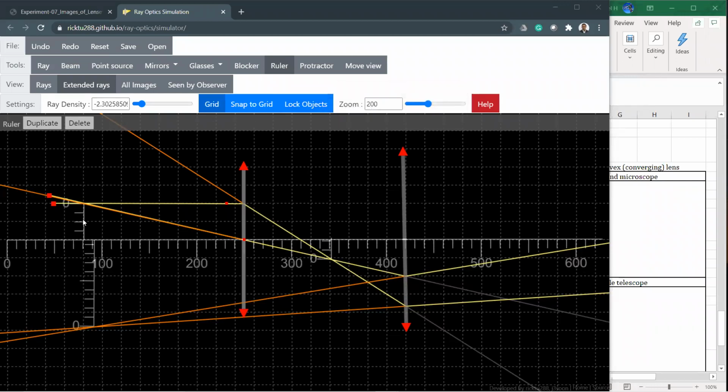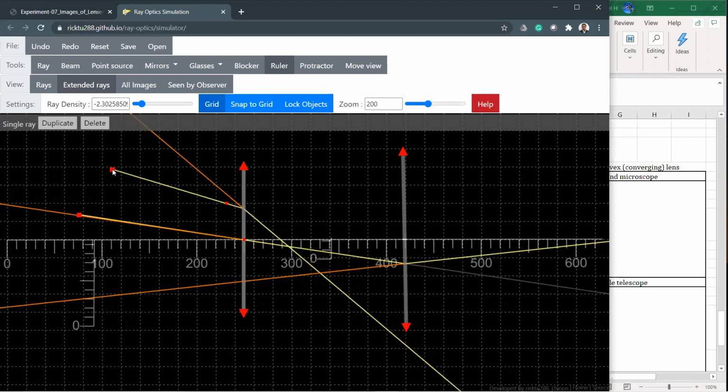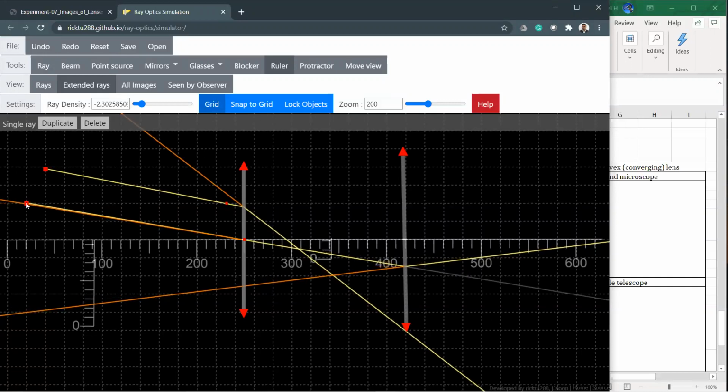If you want to do the telescope type lens combination, then I have to consider two rays coming from very far away. These two rays come from an infinitely distant object, so every ray hitting lens number one will be parallel to each other.